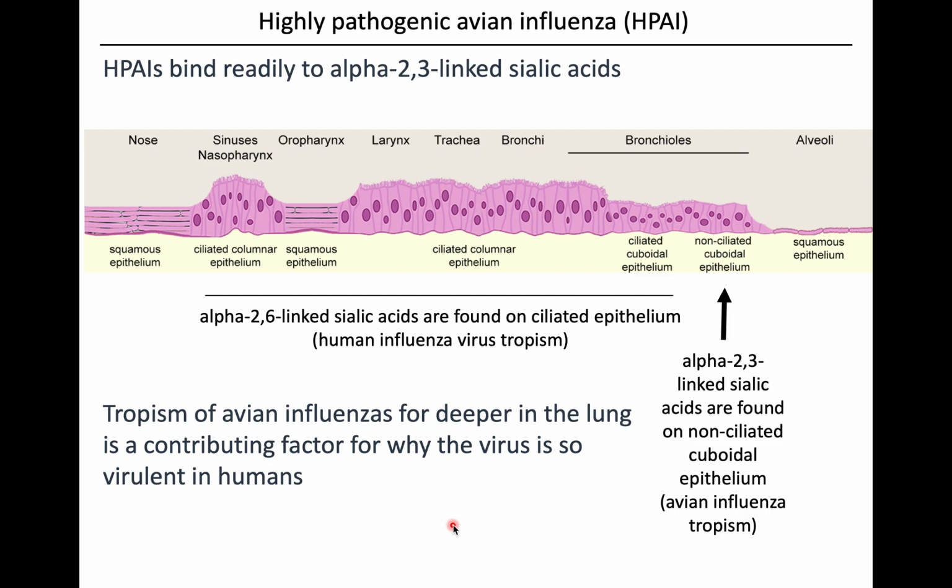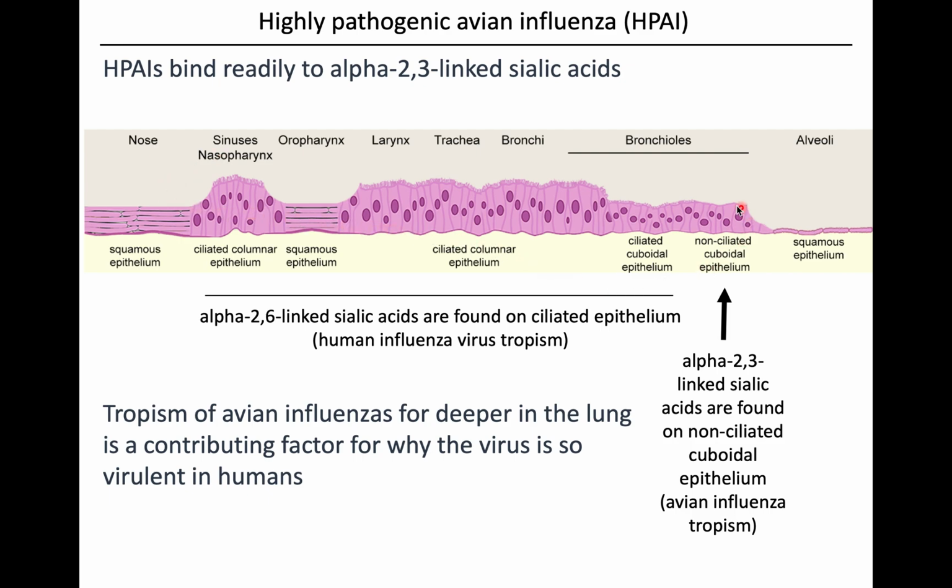And one of the reasons researchers think we may have this extremely high mortality rate in some of these avian influenzas goes back to that idea of their preference for that alpha 2,3 linkage, which, as I suggested, is not really present in most of our respiratory tract.